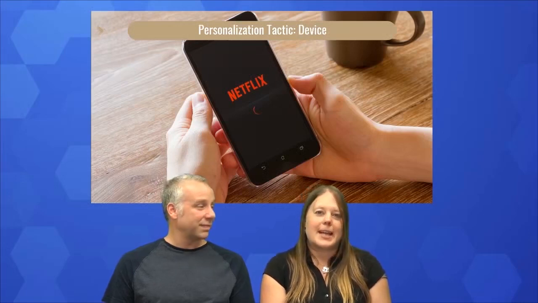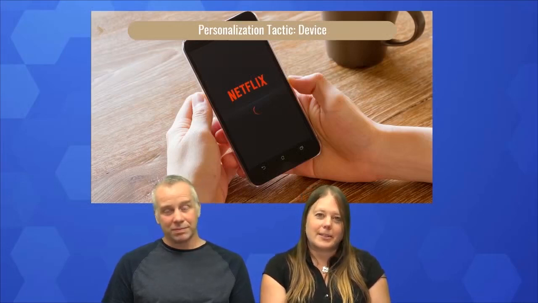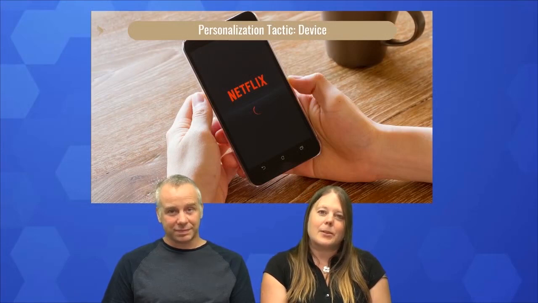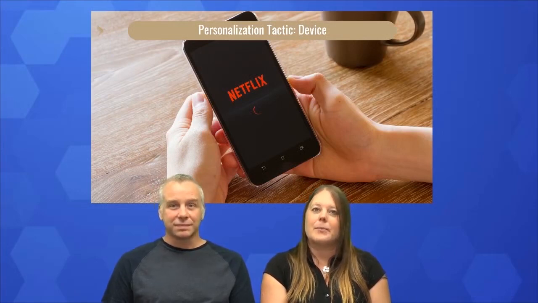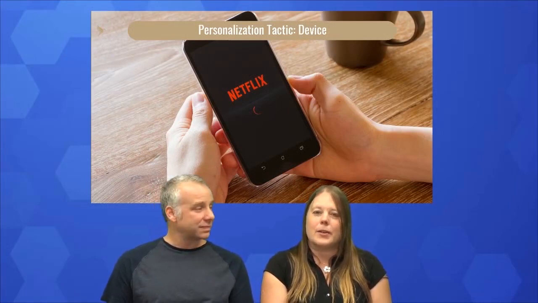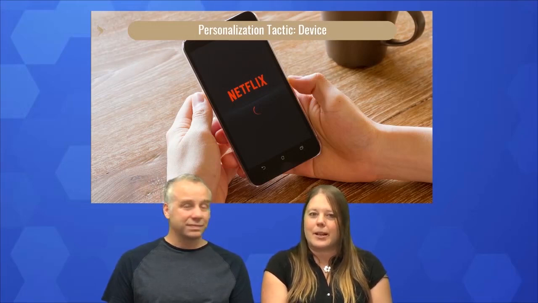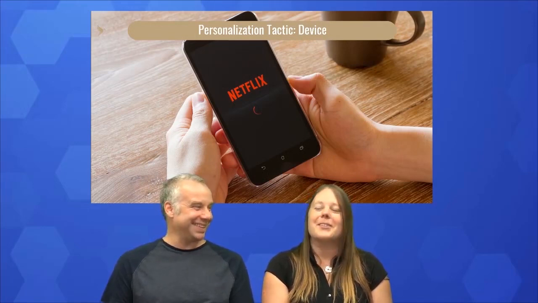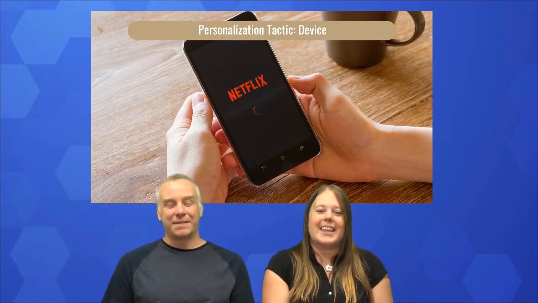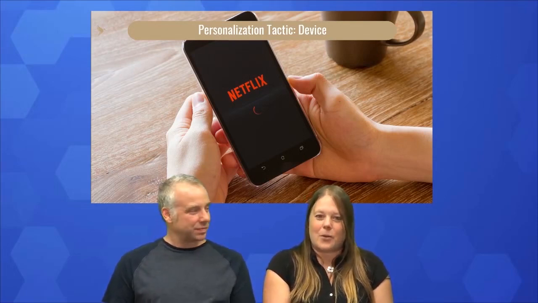Another personalization tactic that you can use is what kind of device they're coming in on, because that can tell you a lot about their state of mind, how much time they have, and what they're interested in doing. If you are a brick and mortar retail store and you have somebody in your store location on your guest Wi-Fi on a mobile device, you're going to show them different content, hopefully, than somebody lounging at home 100 miles away from your nearest store.